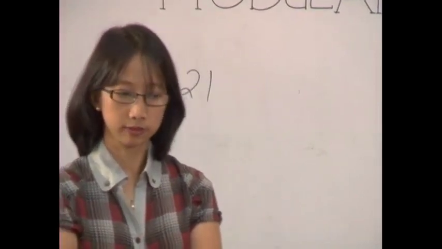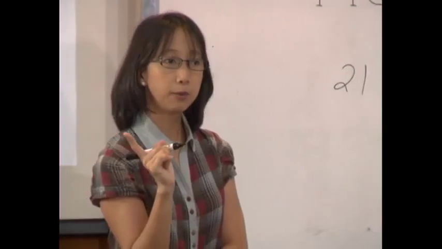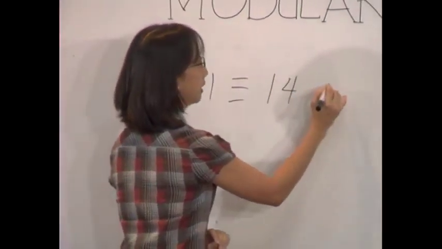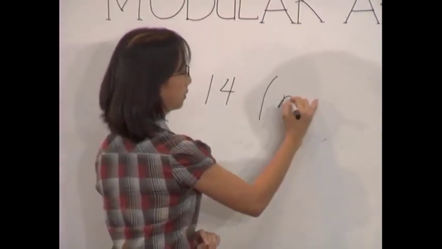And JR, can you give me another two-digit number? 14. Okay. Let's see if their numbers are congruent modulo, say, 9. Is 21 congruent to 14 modulo 9?